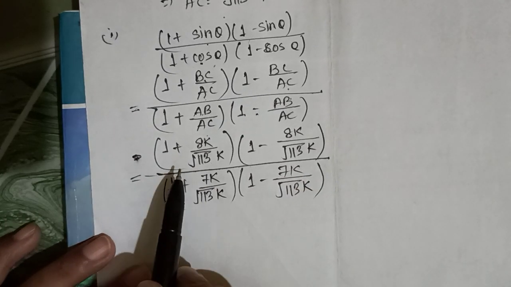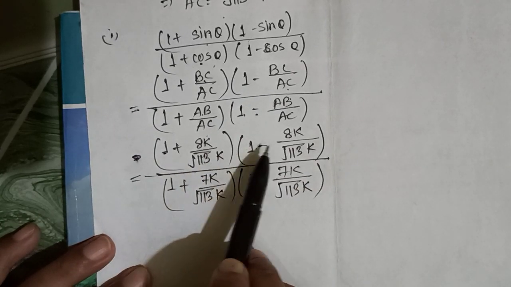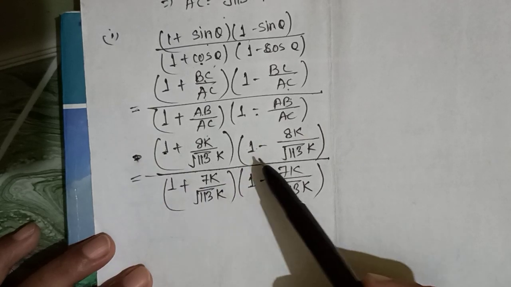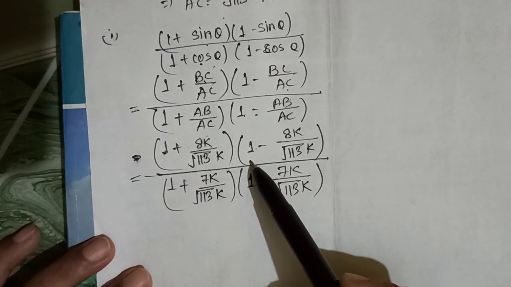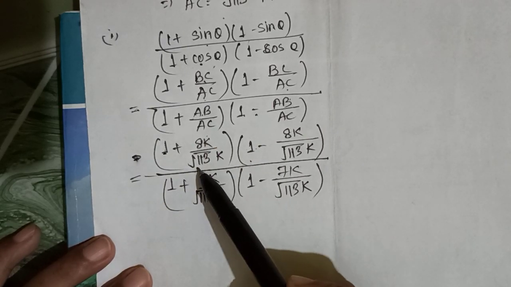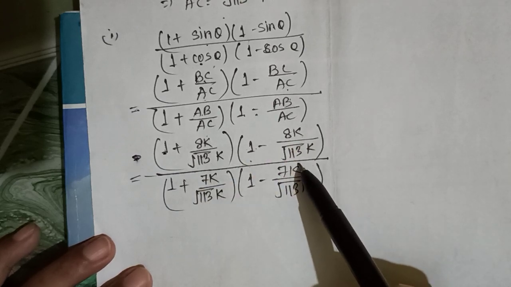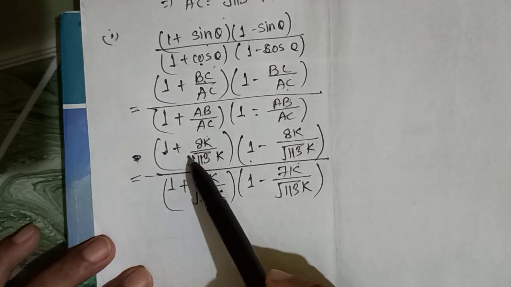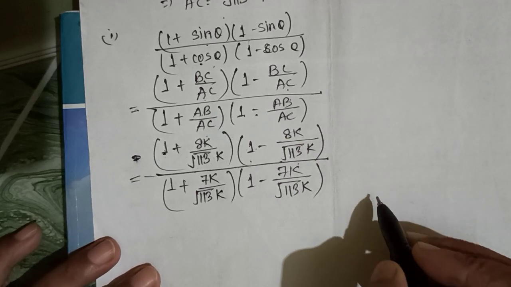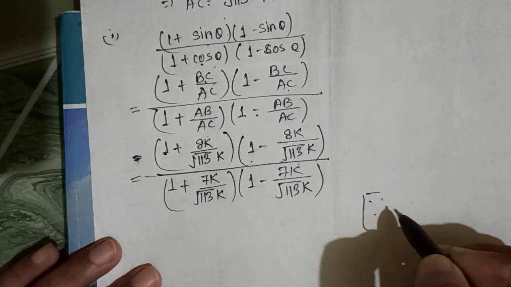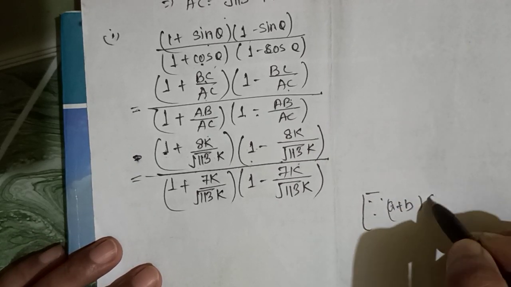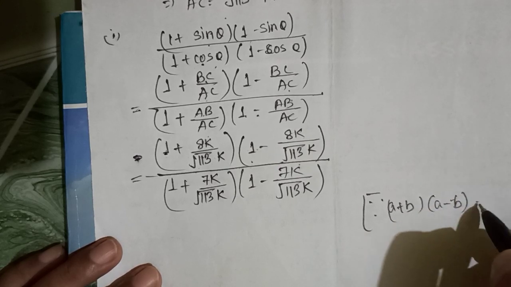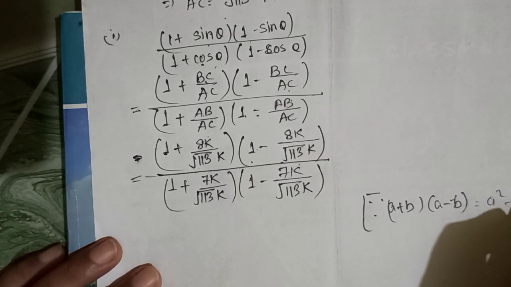Now let us solve here. We can see a plus b, a minus b, we can put this formula. 1 and 1 are the same, so we can say that it is our a. 8k by root 113k, 8k by root 113k, we can say that these are our b. So a plus b, a minus b, it is a square minus b square.